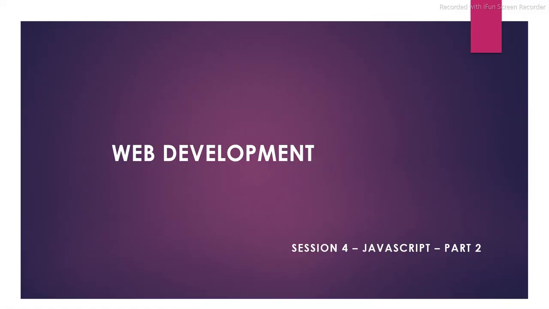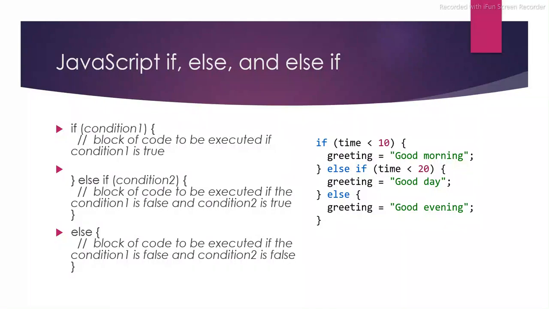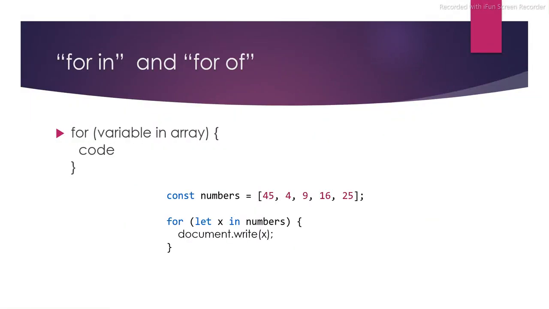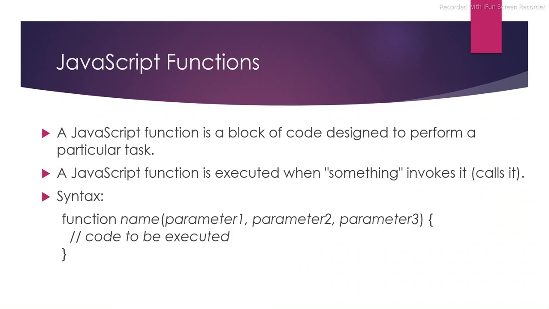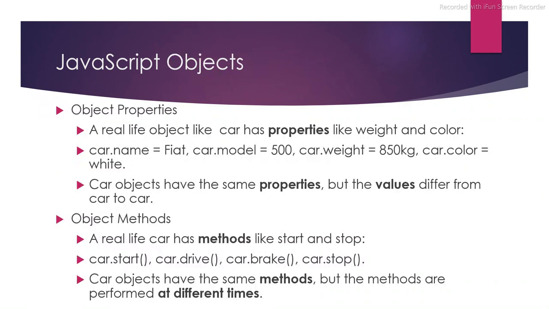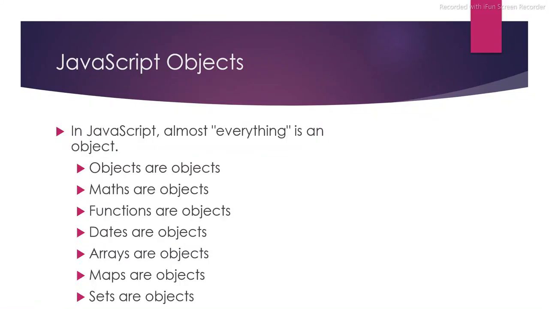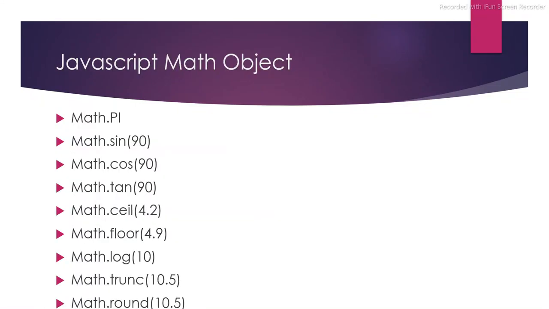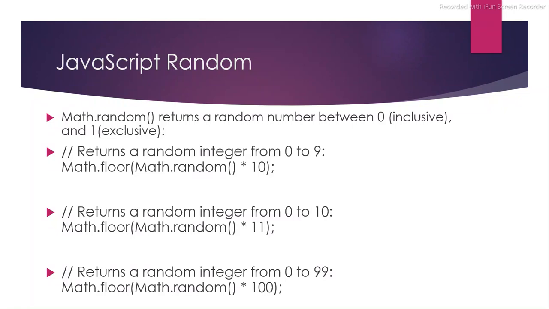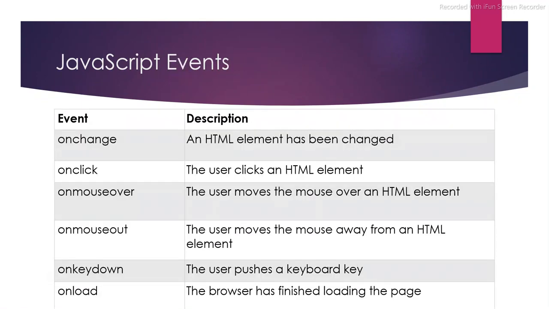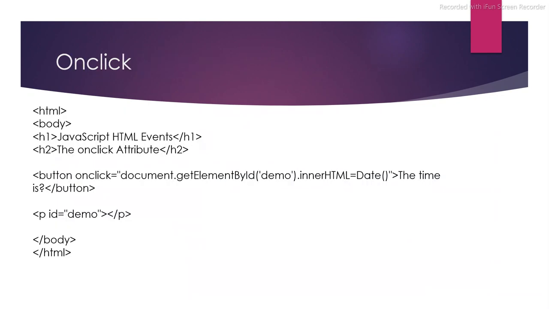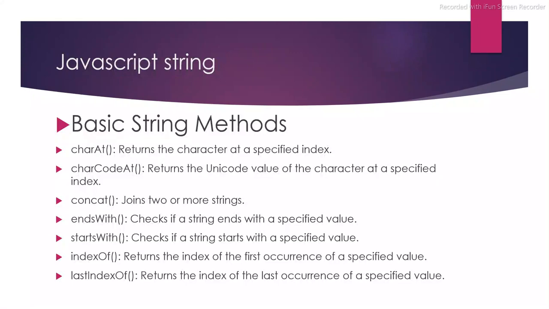So we started with normal if else, then some looping statements, then we saw some functions, then we looked at objects, different types of objects we have discussed, then the math object, some of the functions in the math object, then random number which is available in the math object, then we saw some events, how to execute the events, onclick and onmouseover also we discussed.